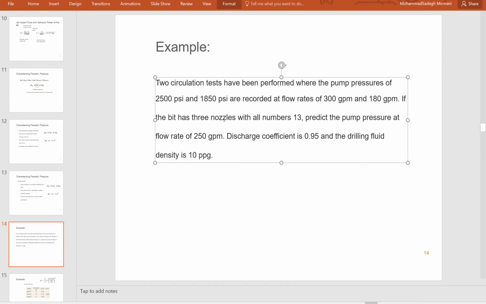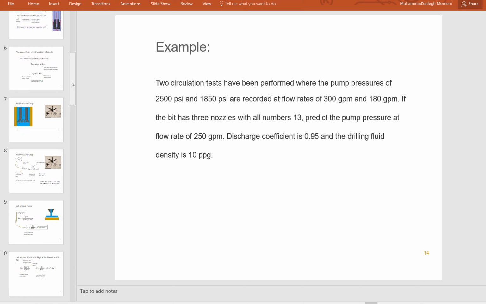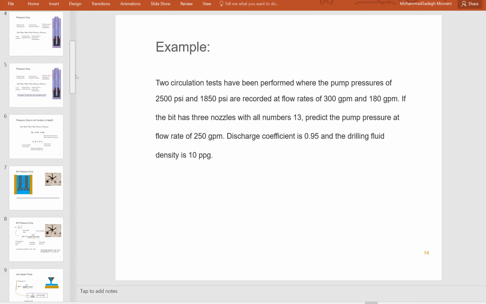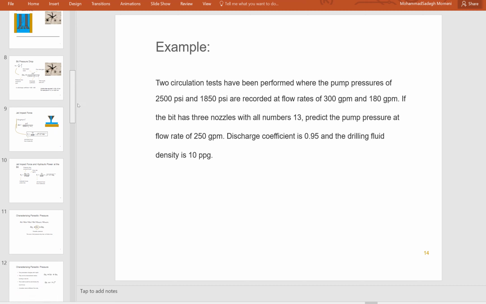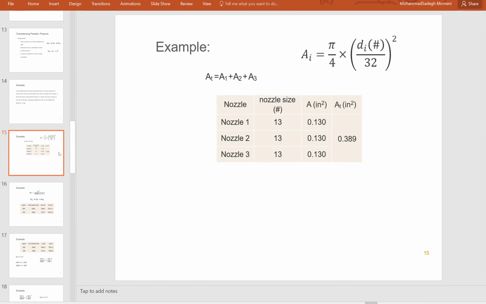When we are saying the nozzle number is 13, what it means is that it's 13 divided by 32. It's not actually 13, because we are reporting the nozzle size in the base of 1 divided by 32. So when it says 13, it's actually 13 divided by 32.